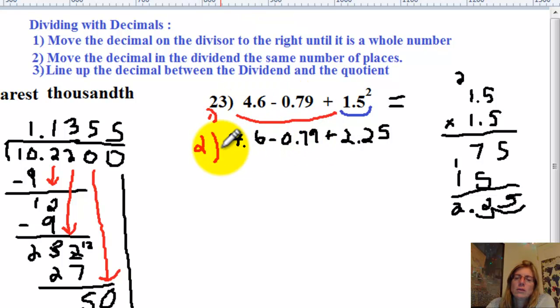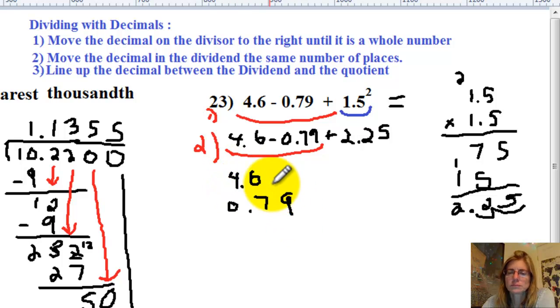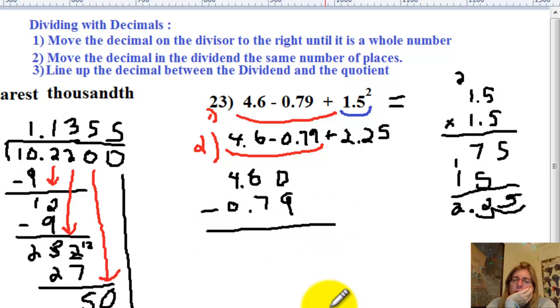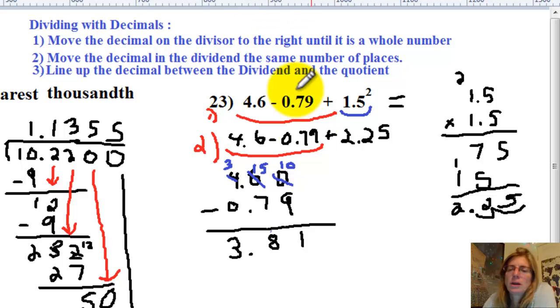And in order to do that, we have to line up the decimals. So 4.6, and we add a 0 for a place value, and then we subtract 10 minus. We have 3.81.